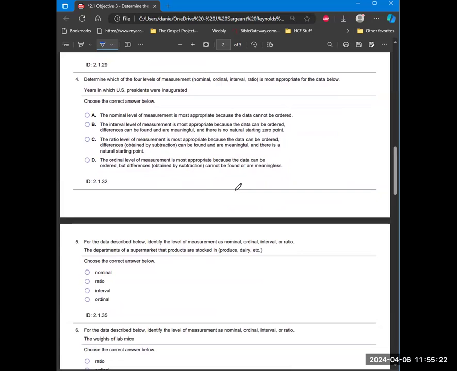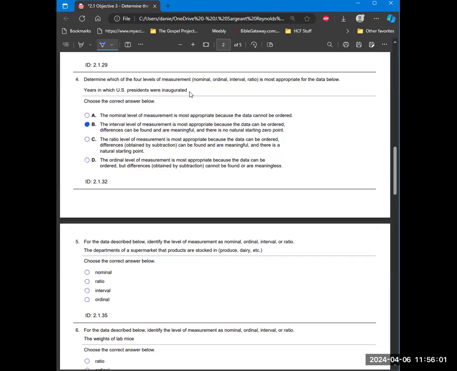Determine which of the 4 levels of measurement is most appropriate here. Years in which US presidents were inaugurated. So that would be an interval level of measurement is most appropriate. B. And it's because the data can be ordered and differences can be found and meaningful, and there's no natural starting point.